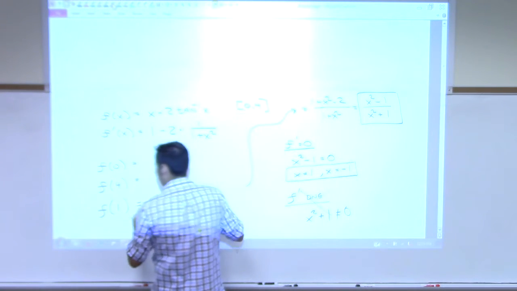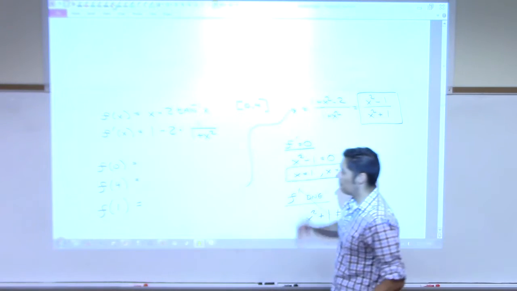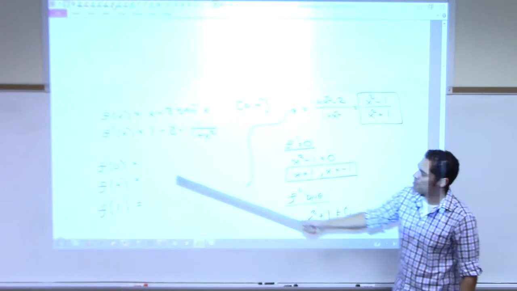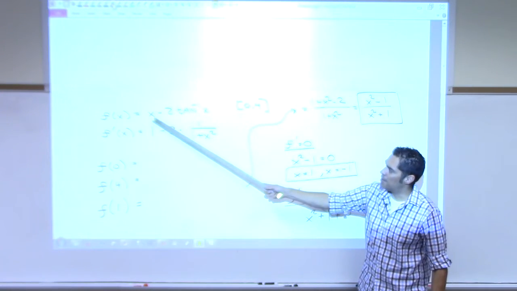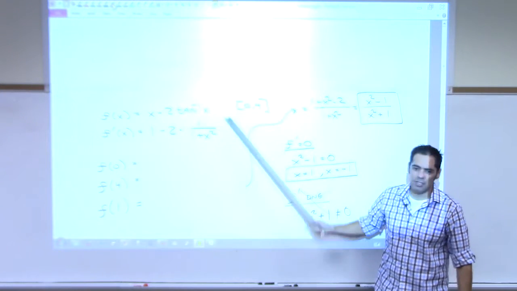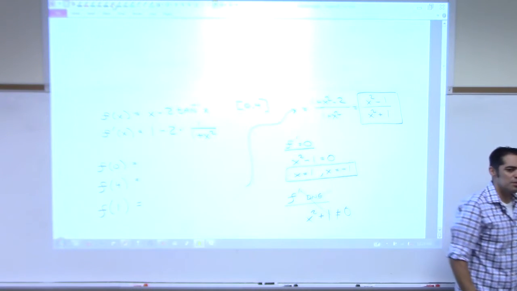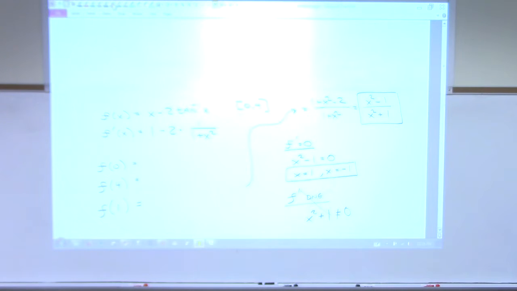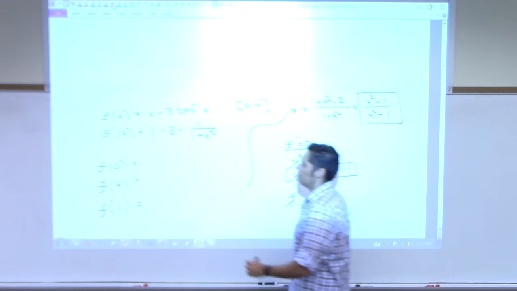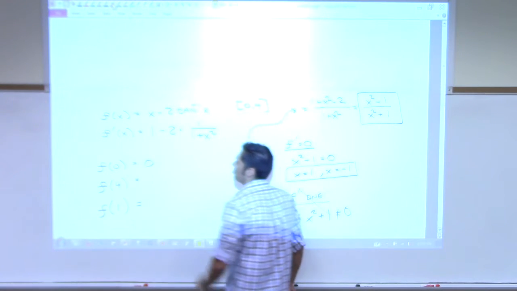It's not so bad. If you plug 0 in, 0 goes right here, that's 0. What's arctangent of 0? That you can use your calculator for. Make sure you're in radian mode, not in degree mode. You should get 0. So if you plug in 0, you get 0.